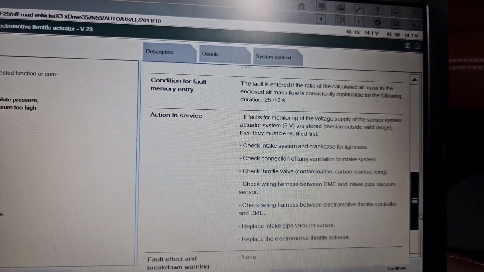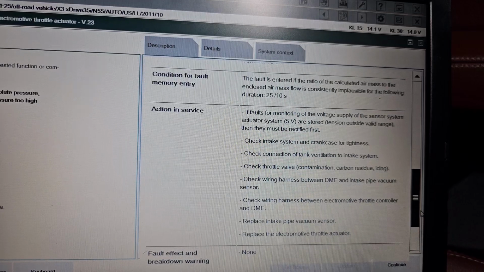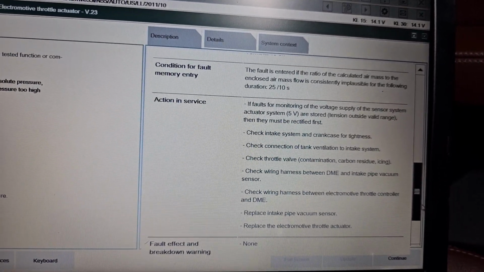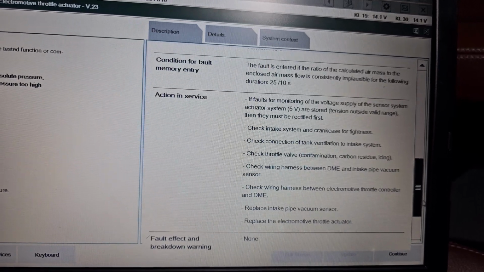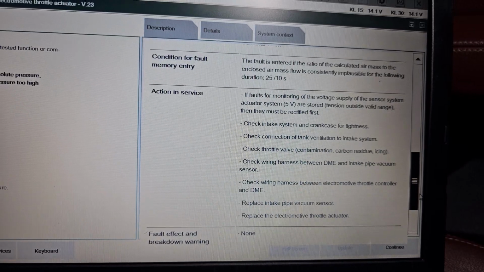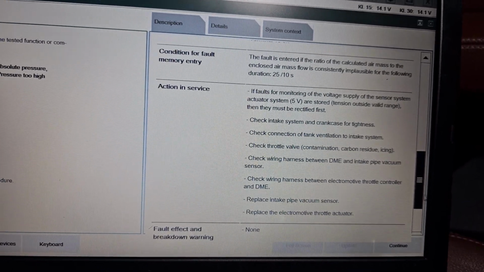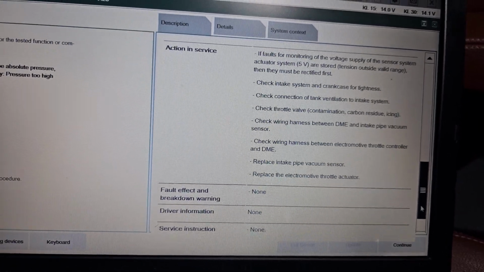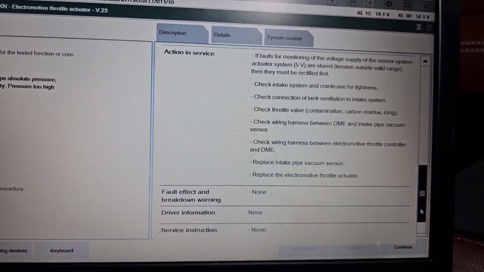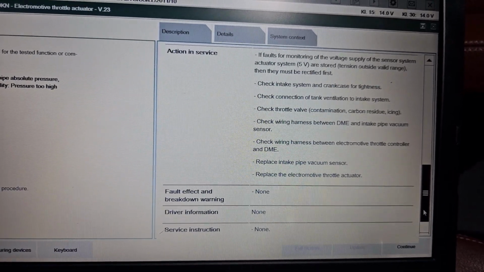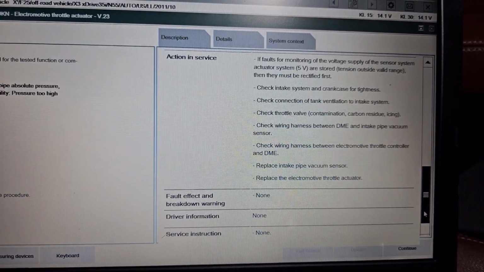Okay, if the fault, monitor voltage, sensor system, actuator are there, check the intake system and crankcase for tightness, check the connection of tank ventilation to intake system, check the throttle valve condition, carbon inside, icing, check wiring harness between the electromotive throttle controller and DME, replace intake pipe vacuum sensor, replace the electromotive throttle actuator.